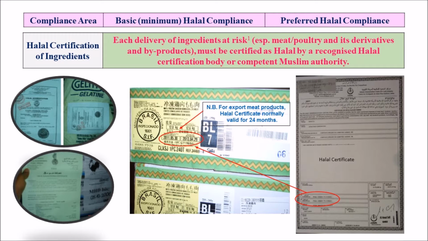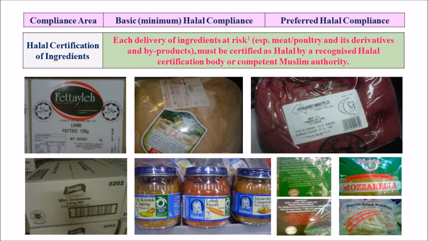These byproducts must be certified halal, by the certification body or by the competent Muslim authority. Even gelatin, if animal gelatin, beef gelatin, must have a halal certificate, because it comes from animals. Even in Australia, because they produce a lot of halal cheese, they put halal on it. They export worldwide, Australia, New Zealand.